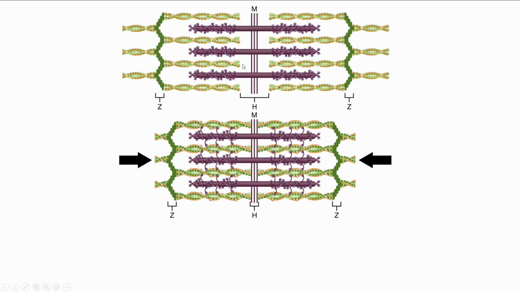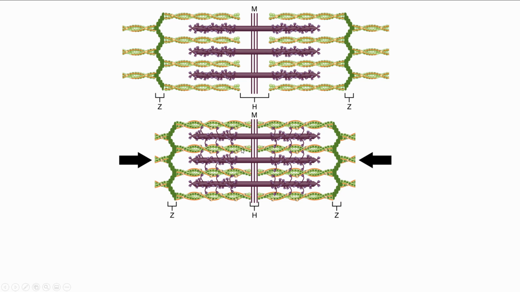Notice how the thin filaments have a space between them. But as the muscle starts to go into crossbridge cycling, as the muscle contracts, you're going to notice how the myosin heads are binding, and there's no space in between the thin and thick filaments really.